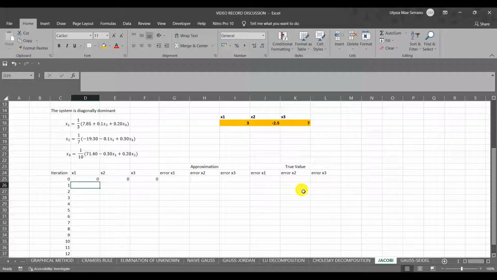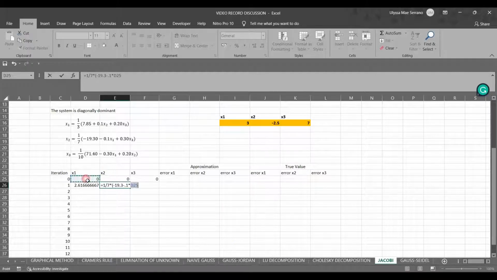Our first iteration, class, will involve for our x sub 1: 1 over 3 multiplied by 7.85 plus 0.1 multiplied by x sub 2, the initial value from the previous, plus 0.2 times x sub 3. And we will be able to find the value of 2.6166 and so on and so forth. For our x sub 2, this will be 1 over 7 multiplied by 19.3 minus 0.1 multiplied by x sub 1, the previous value, plus 0.3 times x sub 3.